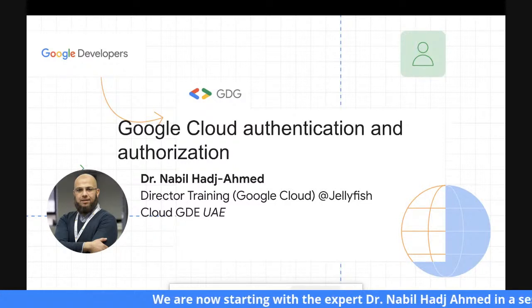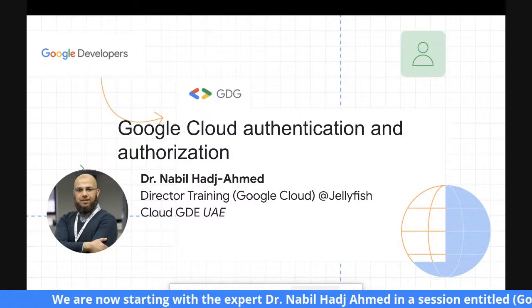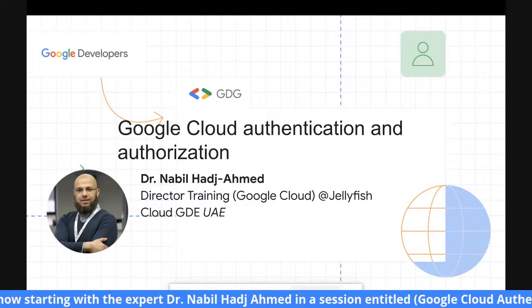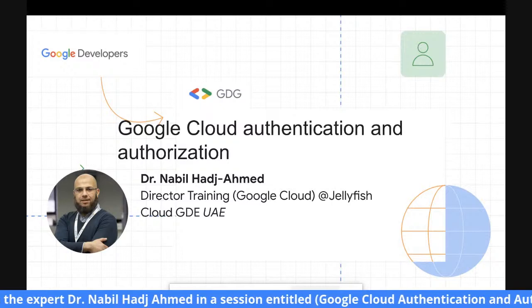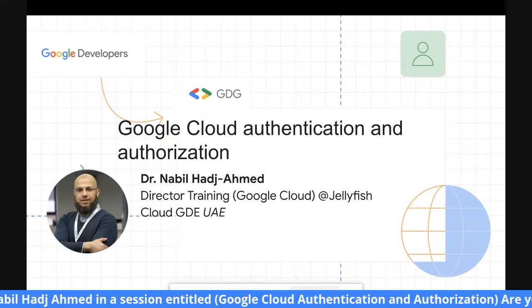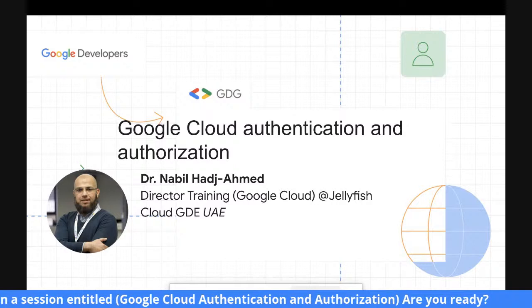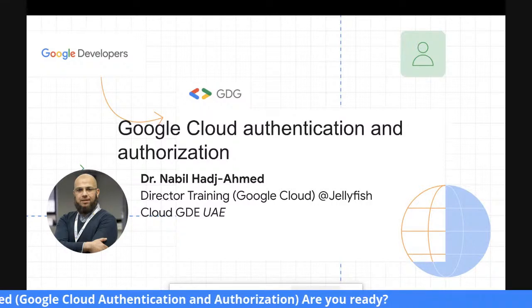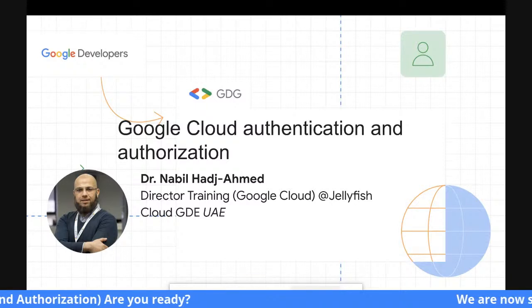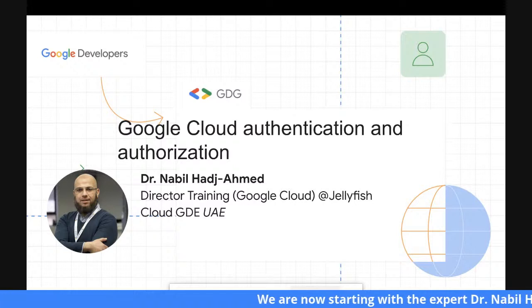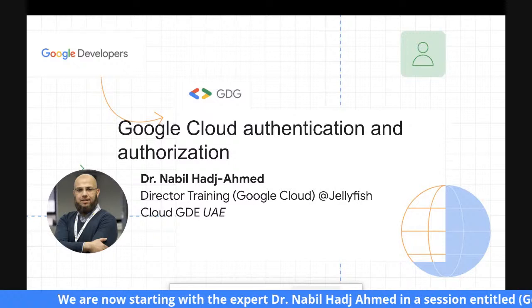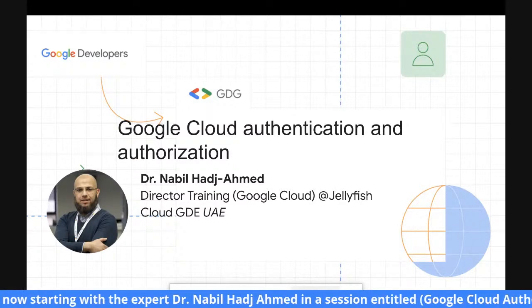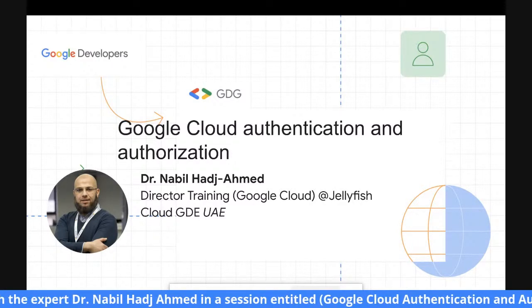Previously, in previous sessions, we talked about a tool called Cloud IAM, Cloud Identity and Access Management, and we mentioned that security in Google Cloud is always twofold. It's basically a combination of the responsibility of the customer and the responsibility of Google as well.